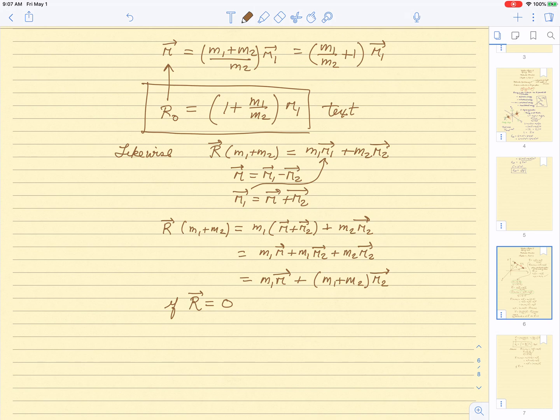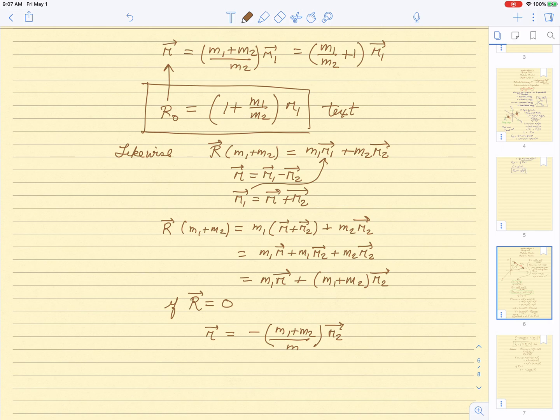So yeah, this would be R then. It's going to be equal to negative M1 plus M2 over M1 times R2 vector.